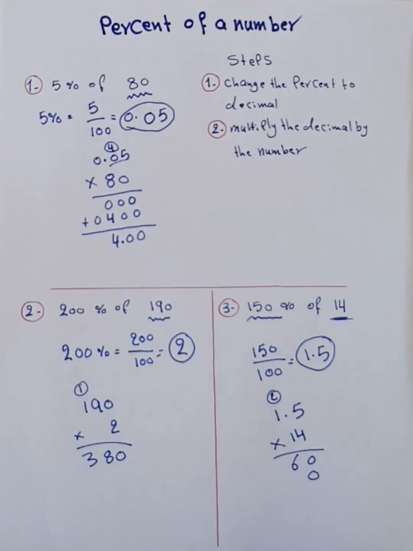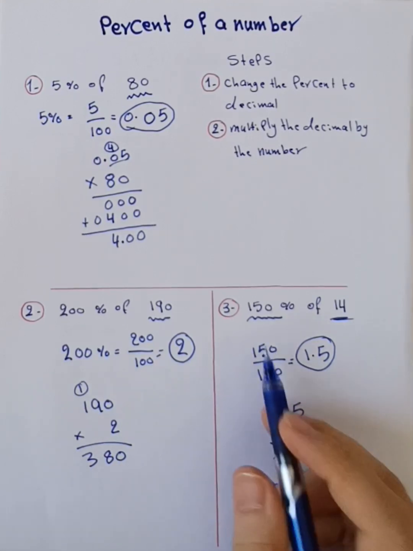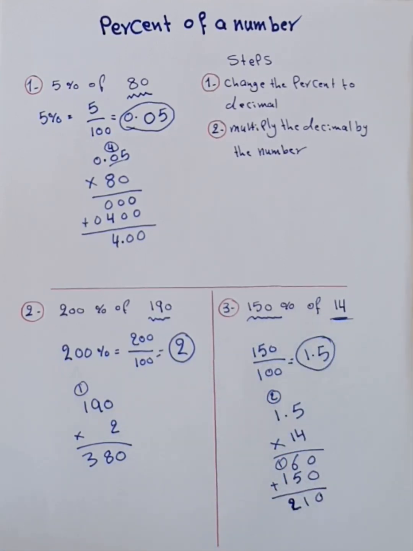After that, you have to write 0. 1 times 5 is 5, and 1 times 1 is 1. 0 plus 0 is 0, 6 plus 5 is 11, and 1 plus 1 is 2. So 150% of 14 equals 21.0.